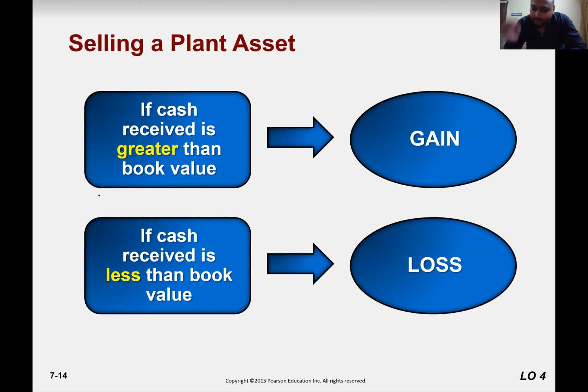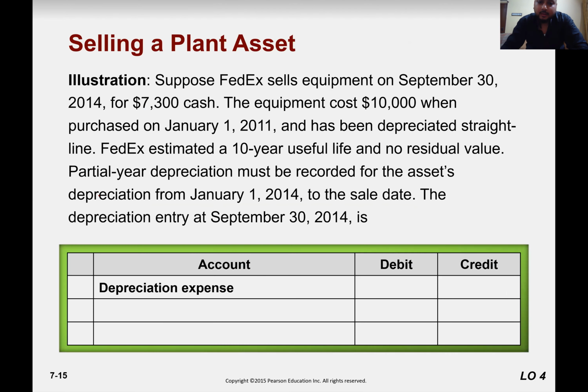If the cash received is less than the book value, if we sold that 10,000 book value asset for 5,000 or 2,000, then we call this a loss. The entry would be the same, just if there is a gain, it increases profit and is credited. So gain is going to be credit, loss is going to be debit. Simple. So let's talk about this illustration here.